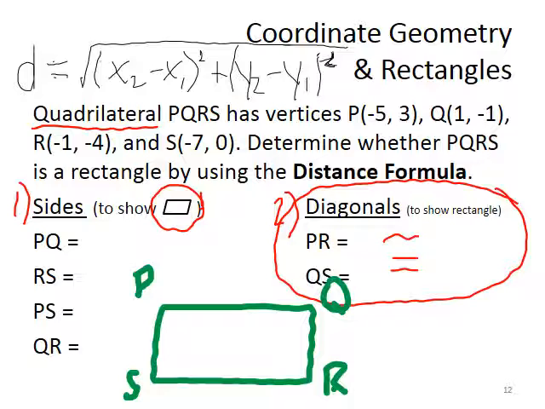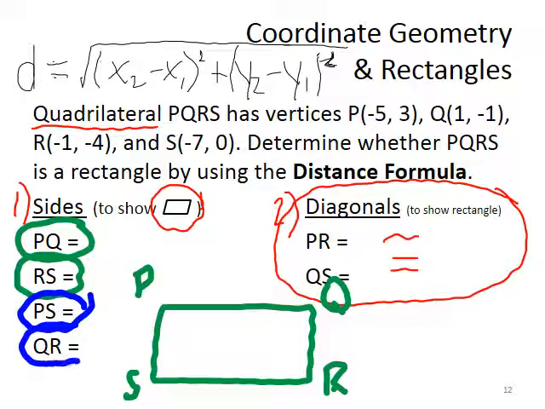So we want to know, is PQ the same length as SR? Are those the same length? And is PS the same length as QR? We need those pairs of sides to be congruent in order for the quadrilateral to be a parallelogram.